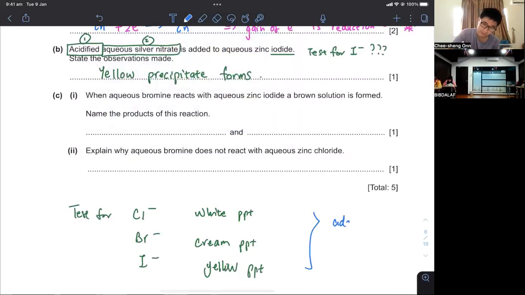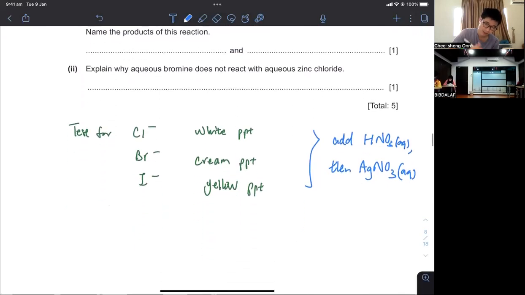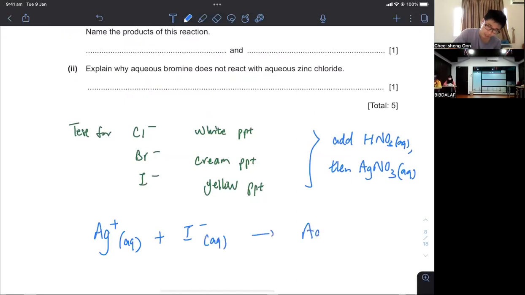You have to add HNO3, which is acidified, and then you add silver nitrate. All nitrates are soluble in water, including silver nitrate. These are all aqueous solutions that give you precipitate. In terms of the reactions, you should know Ag plus aqueous plus I minus aqueous gives you AgI solid. If it is AgCl solid, then it's Cl minus. If it is AgBr solid, it will be Br minus.